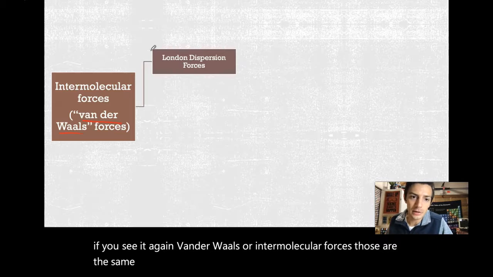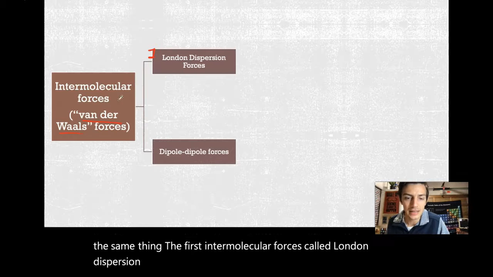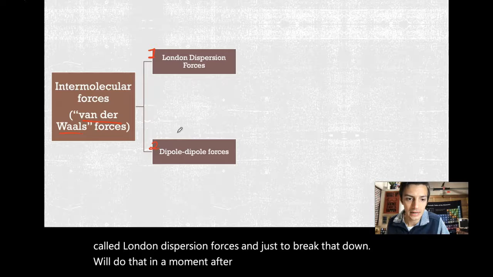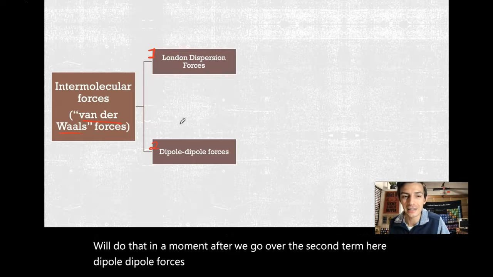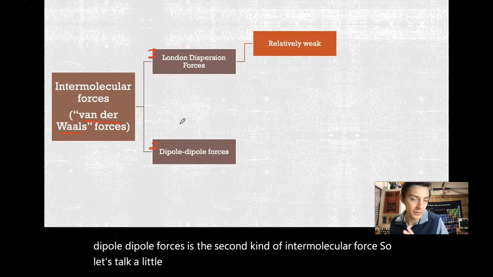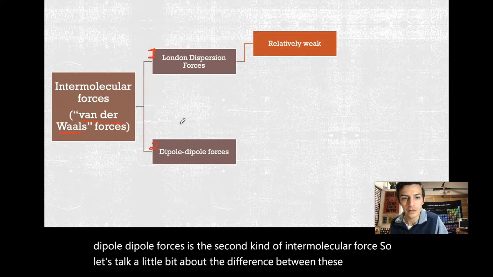The first intermolecular force is called London dispersion forces, and we'll break that down in a moment after we go over the second term here. Dipole-dipole forces is the second kind of intermolecular force. Let's talk about the difference between these two, and then I'll tell you the third category.